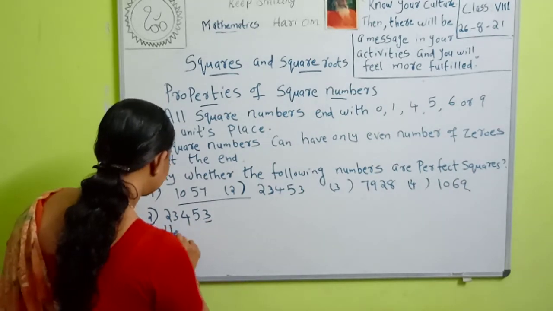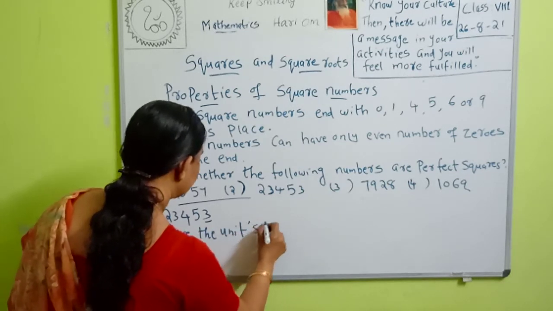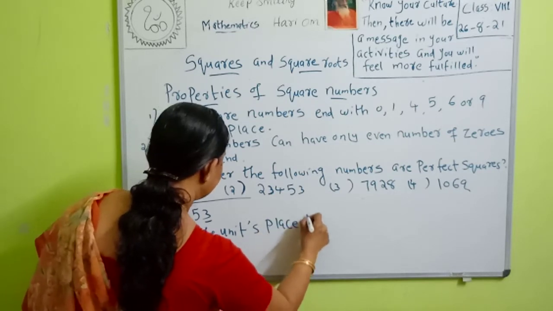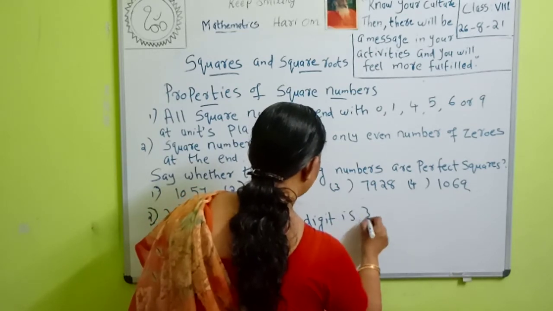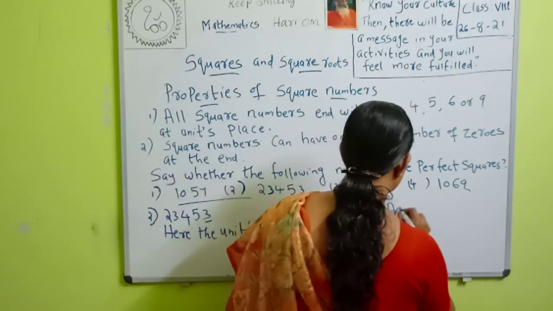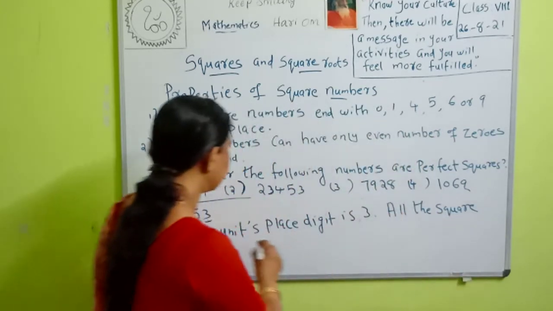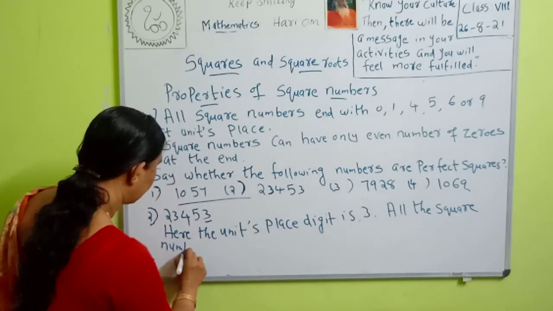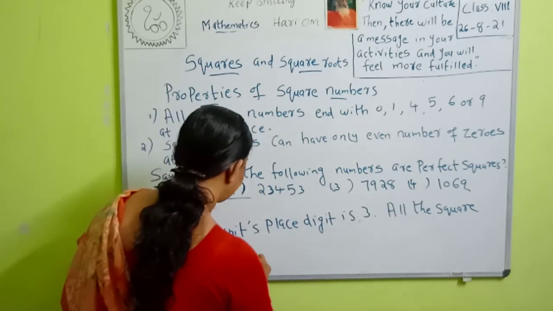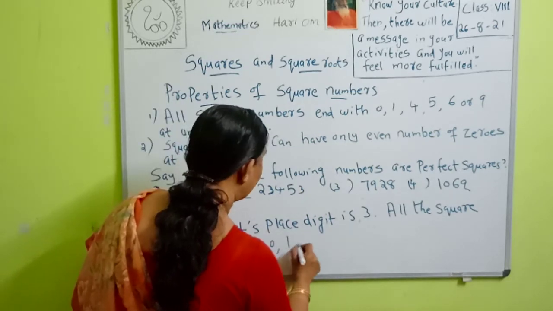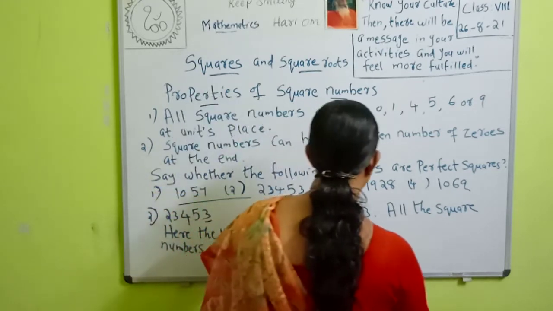Here the units place digit is 3. Then we know that all the square numbers end with 0, 1, 4, 5, 6 or 9 in units place.